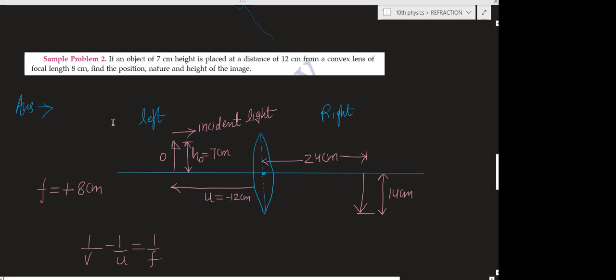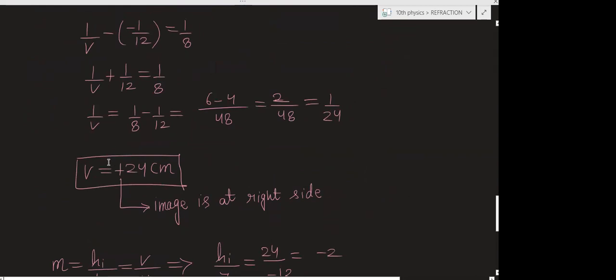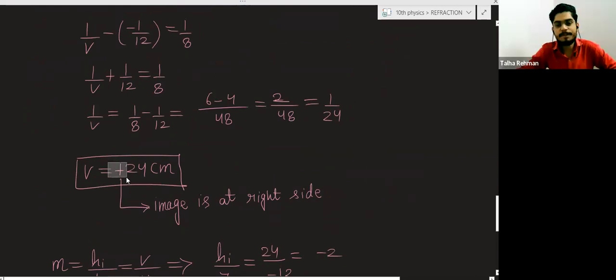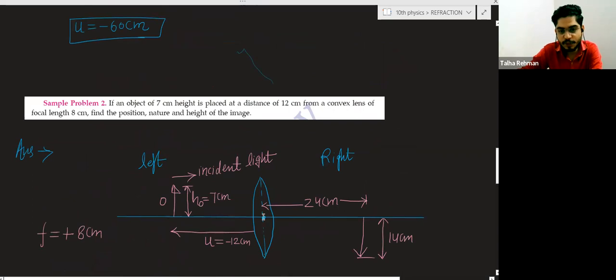Sir, the position of the image will be 24 centimeter in front of the lens, right? No, not in the front, because see here, this is a positive sign. If this is a positive sign, it means you are going in this direction to measure the image distance.